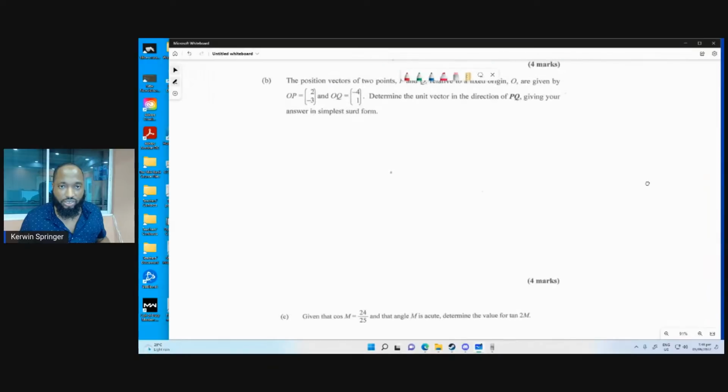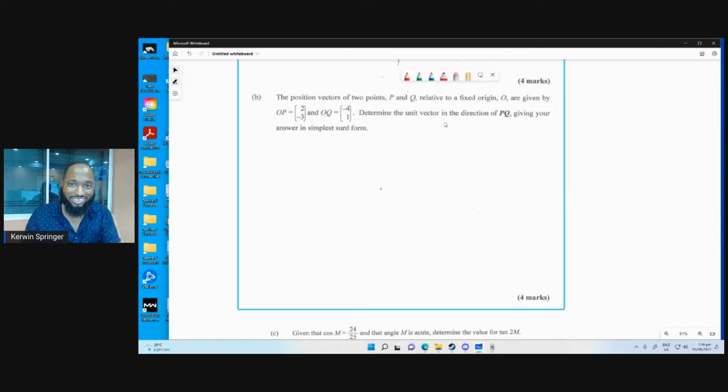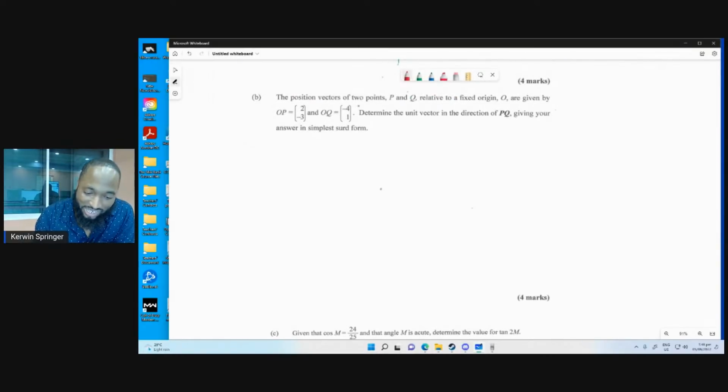The position vectors of two points P and Q, relative to a fixed origin O, are given by OP and OQ. Determine the unit vector in the direction PQ, giving your answer in the simplest form. PQ to begin with is equal to OQ minus OP.